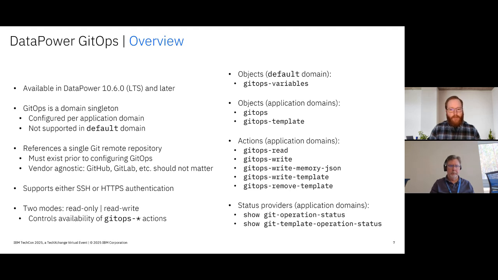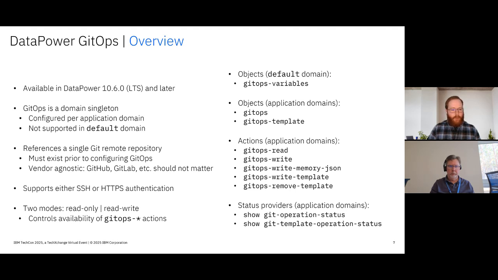The GitOps configuration is managed at a domain level, so each application domain can configure a GitOps object, which would then define how the configuration in that domain is going to be managed. It is not supported in the default domain, although there are some GitOps-related configurations in the default domain, specifically the addition of GitOps variables, which we'll talk about in a bit.